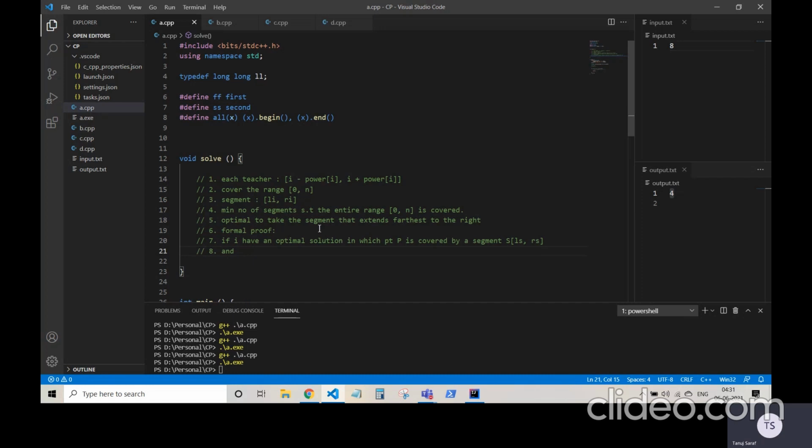And there exists another segment, let's say capital S dash, which was not part of the optimal solution, but S dash extends from, let's say, LS dash to RS dash, such that RS dash is greater than RS.